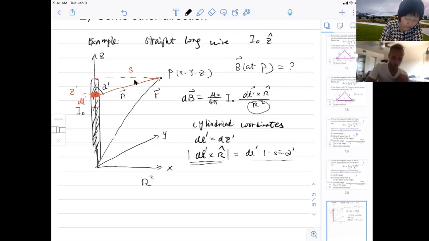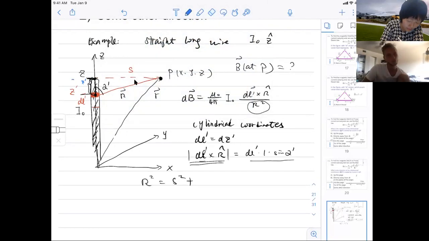You can look at this in this triangle, r squared is going to be, how do I do this? You have s squared plus, you need this particular length. And what is this length? P is at height Z, and this is at height Z prime. So this little length is going to be Z minus Z prime.